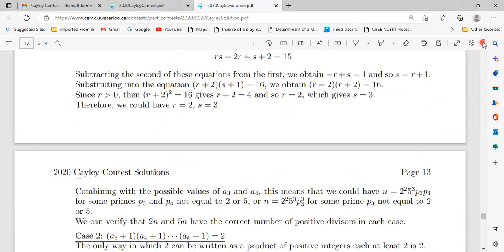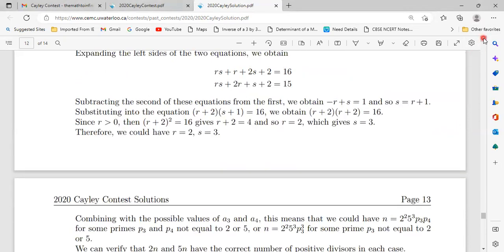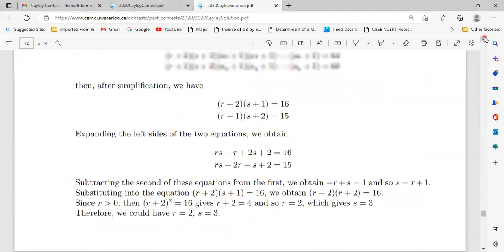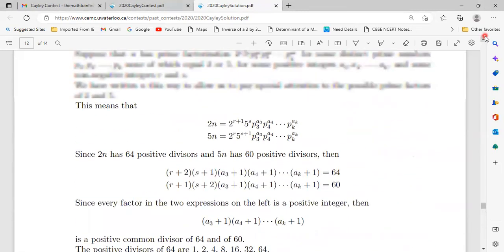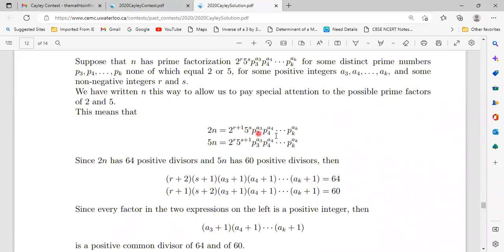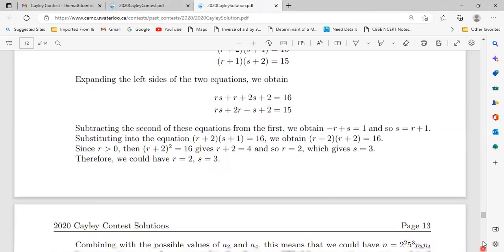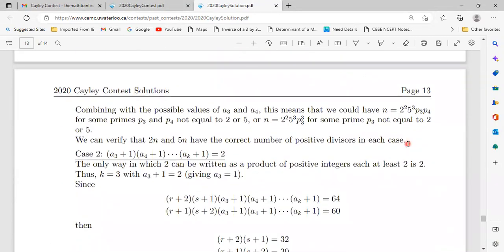So if you substitute the values of R and S into the given equations, you will substitute here, okay? If you do that, you will have 2 raised to the power 2, 5 to the power 3, P3, P4.